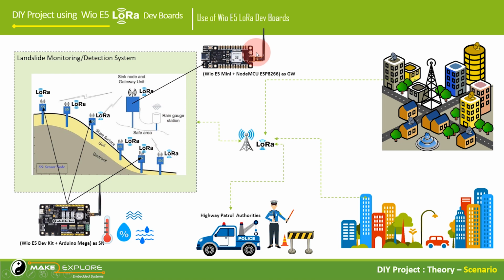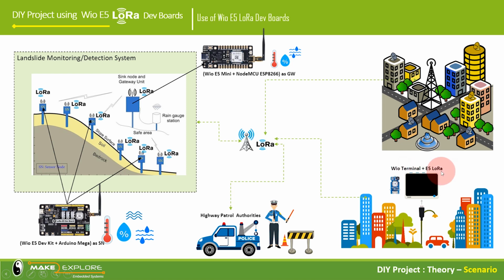This gateway node also includes some sensors, like another tipping bucket rain gauge sensor and a temperature humidity sensor. This is just for conveying rain density difference in landslide-prone areas and other surrounding areas. The gateway device will receive WSN data from different sensor nodes from the landslide-prone area. Then it will add data from its own area. Then finally, combining both places' data together in one frame, it will send it to the end nodes.